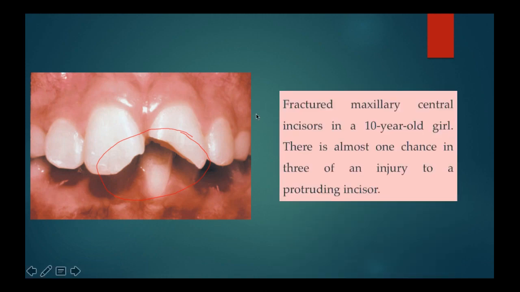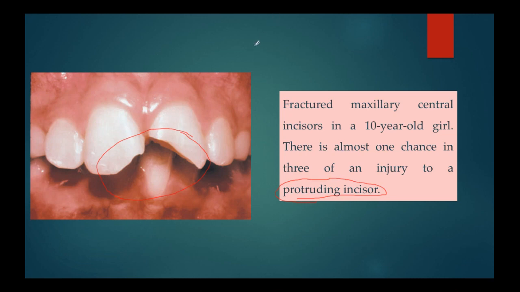So let's see what it is. Now here what we are seeing is a fractured maxillary central incisor of a 10-year-old girl. Now there is almost 1 chance in 3 of an injury to a protruding incisor.